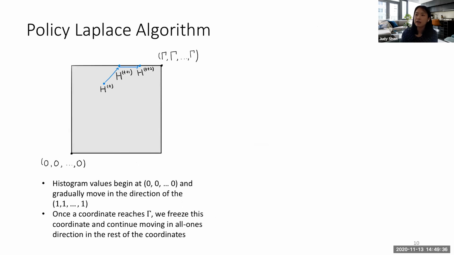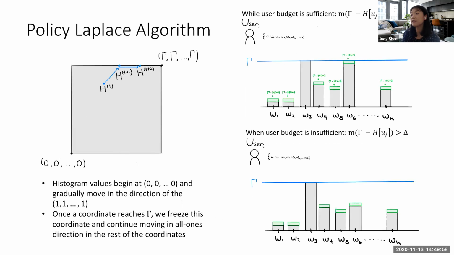For L1, intuitively, all we're doing is going from some vector of all zeros to some vector of all gammas, which is some release threshold. Once an item already reaches this gamma, our desired release threshold, we can continue increasing the weights evenly.